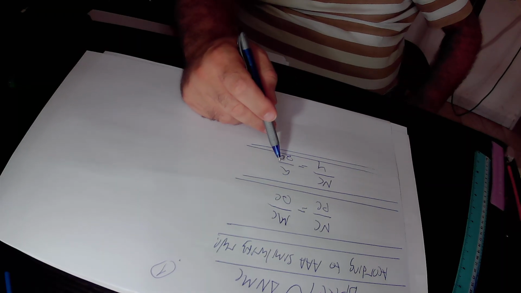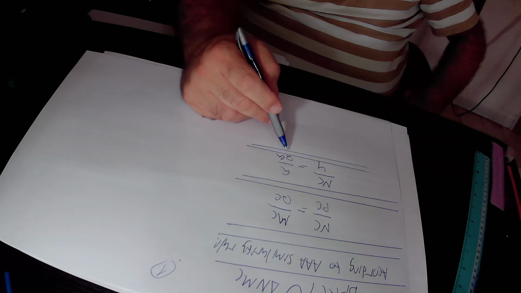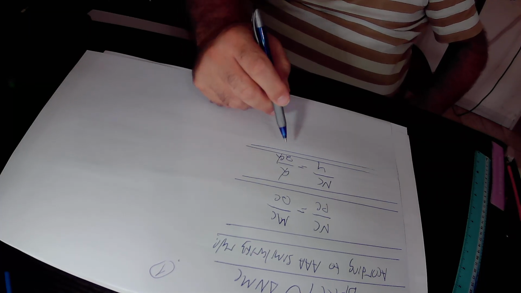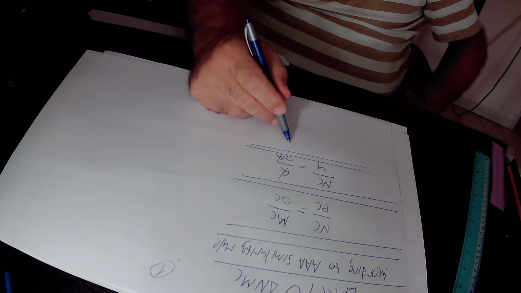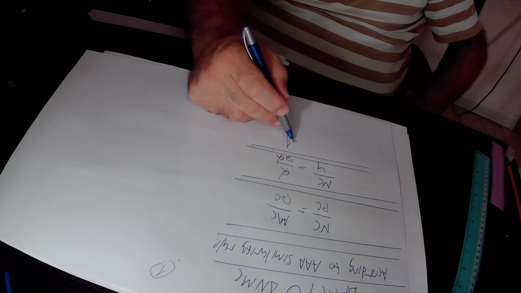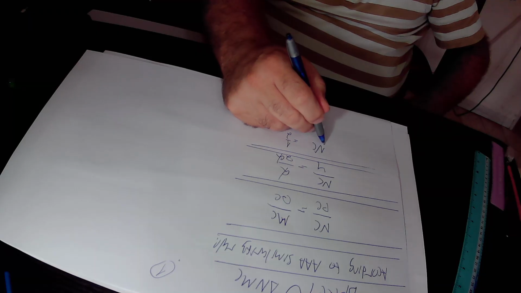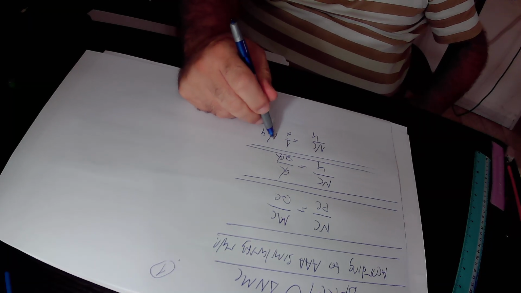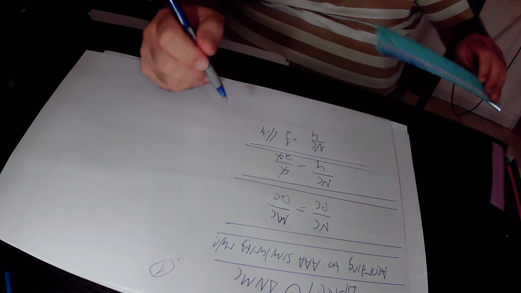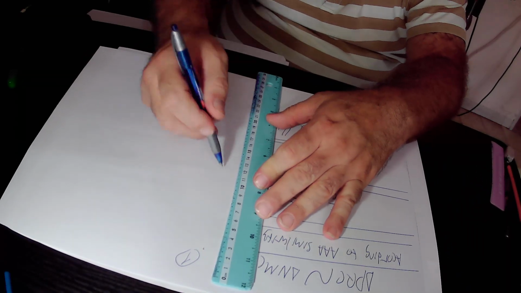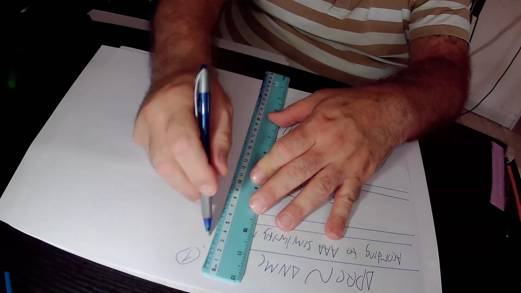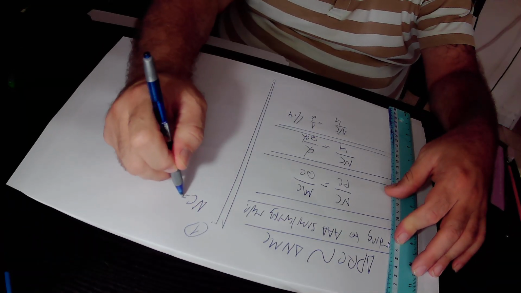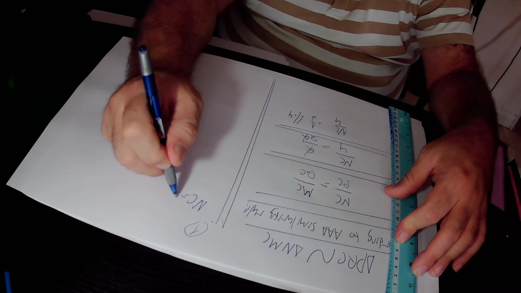We have A in the numerator and A in the denominator, so A will get cancelled. After we cancel A, on this side of the equation we are left only with 1/2, so 1/2 equals NC over 4. Here we will multiply this equation by 4 and finally get the missing side NC, which is equal to 4 over 2, that is 2.